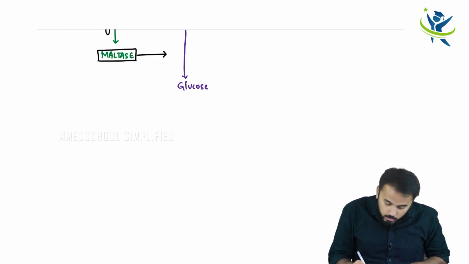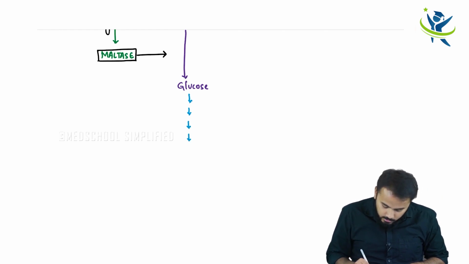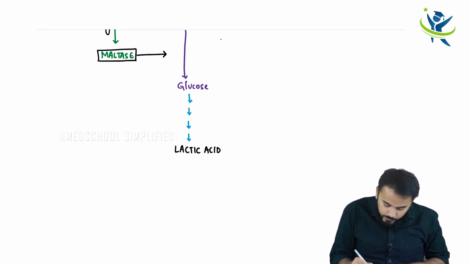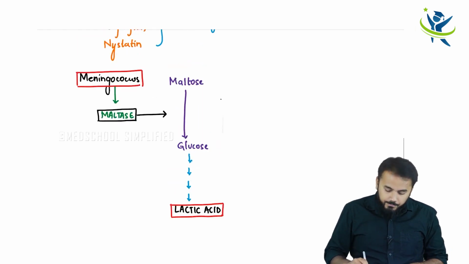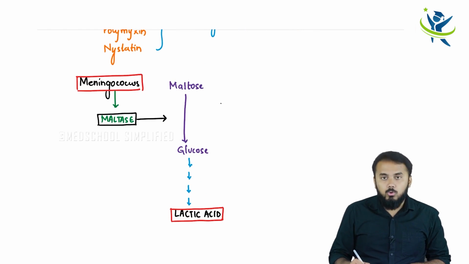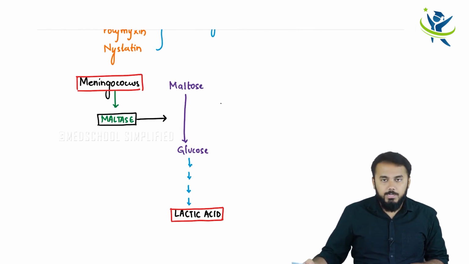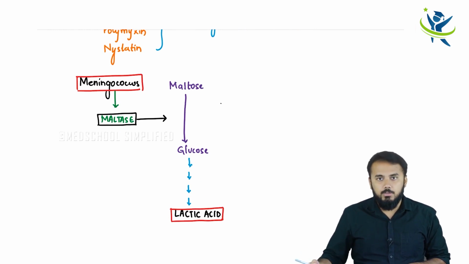So glucose, after a number of reactions, is getting converted into a special thing called lactic acid. This is an important thing. So finally, can I tell that from maltose to glucose, this is called maltose fermentation. From glucose to lactic acid, this is called glucose fermentation, right?